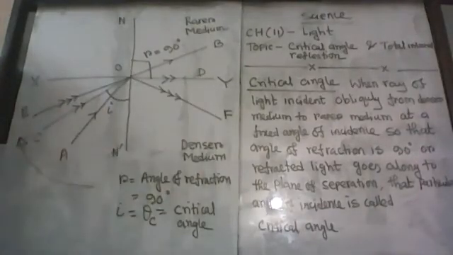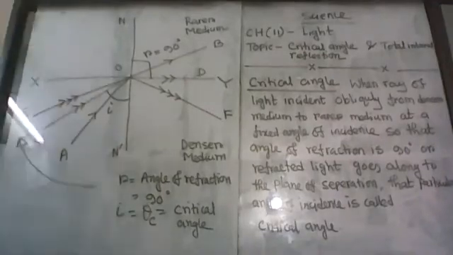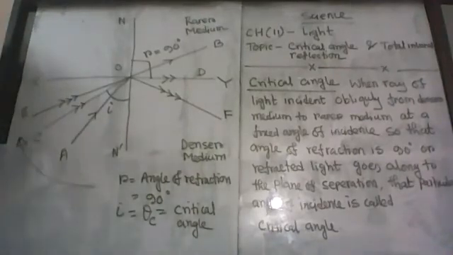Now if the incident ray is incident at this denser to rarer medium at more than the critical angle, then what is happening here? You see here EO is incident at point O and the angle of incidence EON prime is greater than the critical angle.